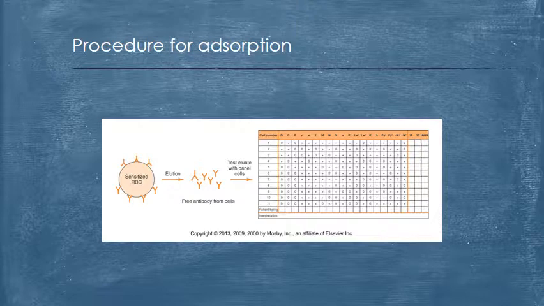So with cold autoantibodies, you're going to have to remove those cold autoantibodies from the red cells in order to do two things: characterize the autoantibody, but also get cells that are not coated. Okay, so you can deal with this issue by doing a couple of things. Probably the best way is to omit the room temperature incubation so that the antibody does not have an opportunity to bind to the red cells.